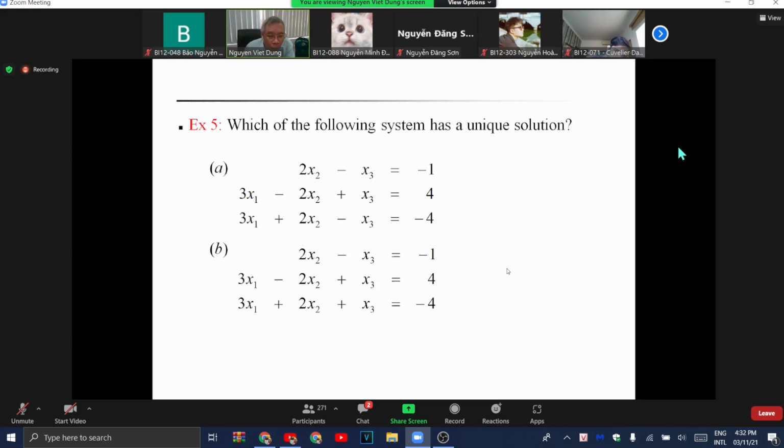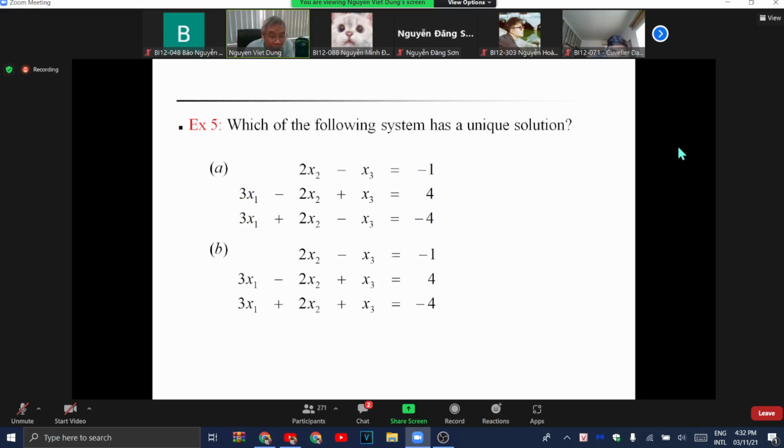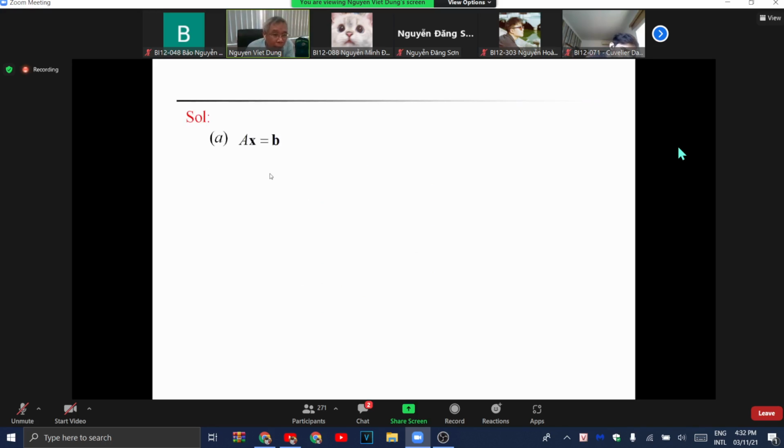Now we can do as follows. For system A, we write it in matrix form like that, and the coefficient matrix A has determinant 0, means it does not have a unique solution.